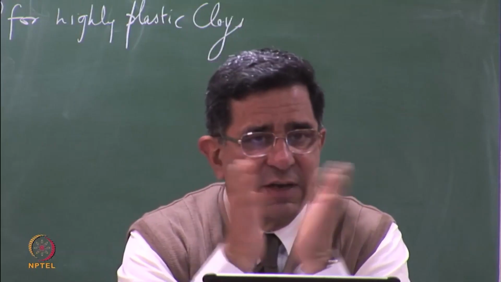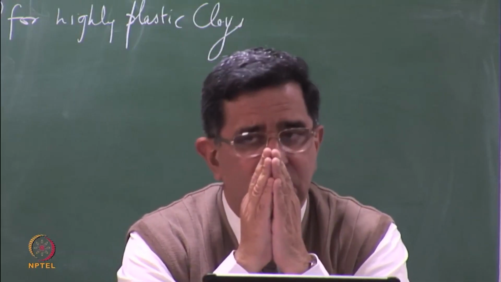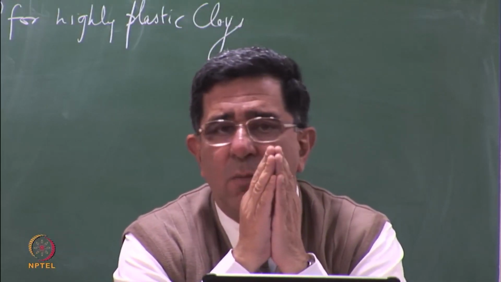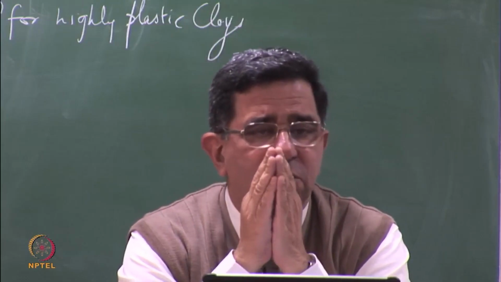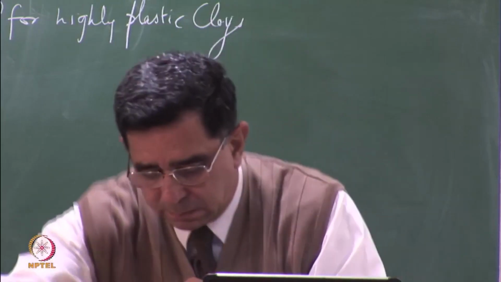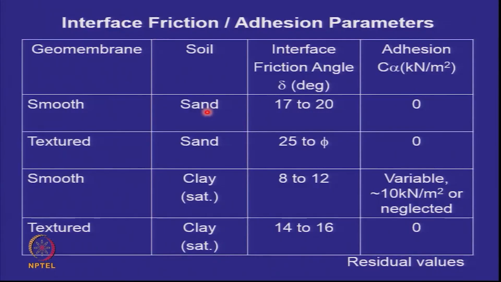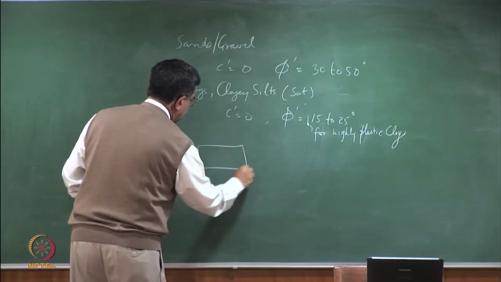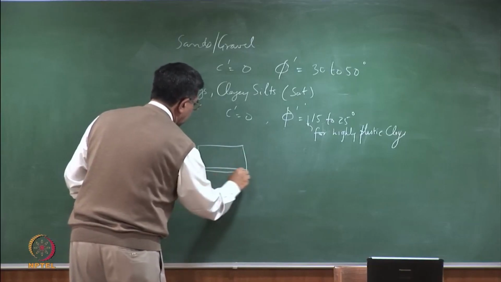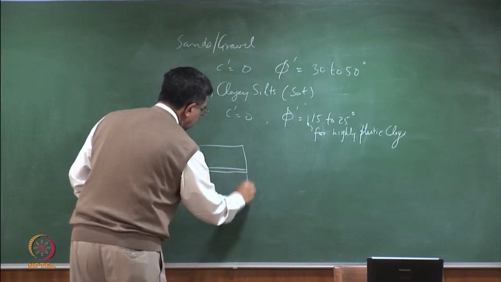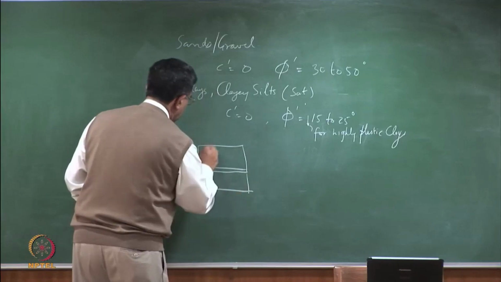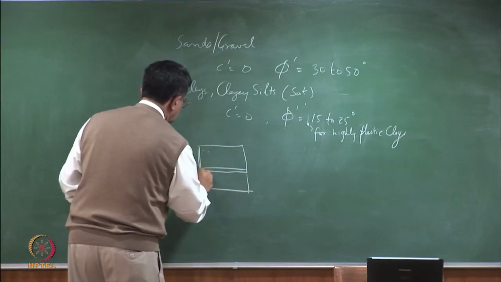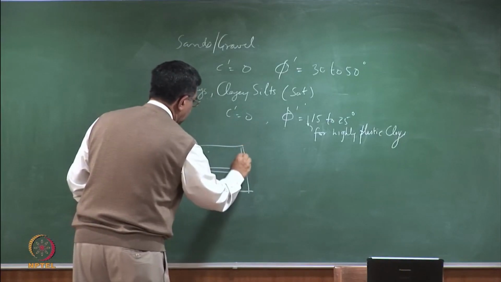normally we do a direct shear test where the lower box, the soil is on the top and the lower box has the geosynthetic element. A normal direct shear test would be, let's say this is the walls of the box.